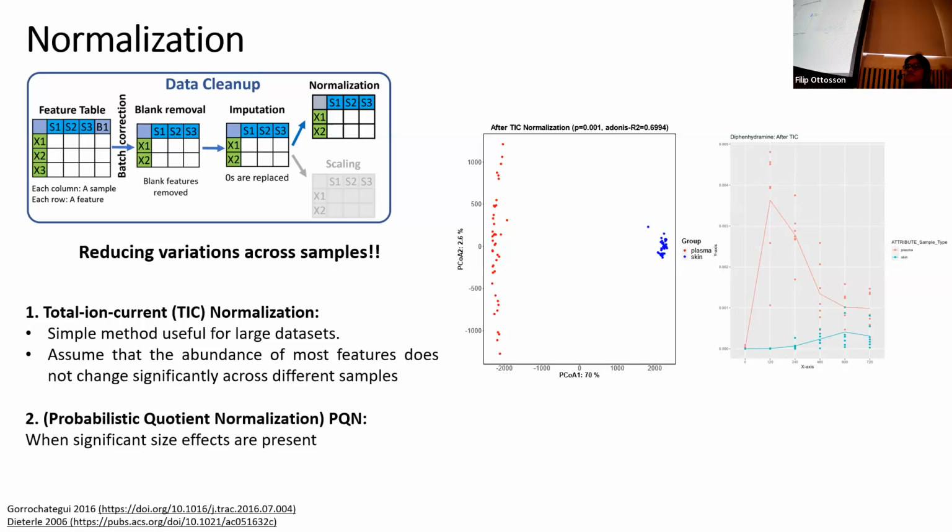However, if you have a significant effect size, where you're looking at a control group versus, for example, a diseased versus healthy state, where something is administered to one group and not the other, and the effect size is higher, PQN would be a better choice. Here after normalization, you can see that you find a higher amount of the drug in plasma, as it's a blood sample, than in the skin samples, and you can see the normalization effect.